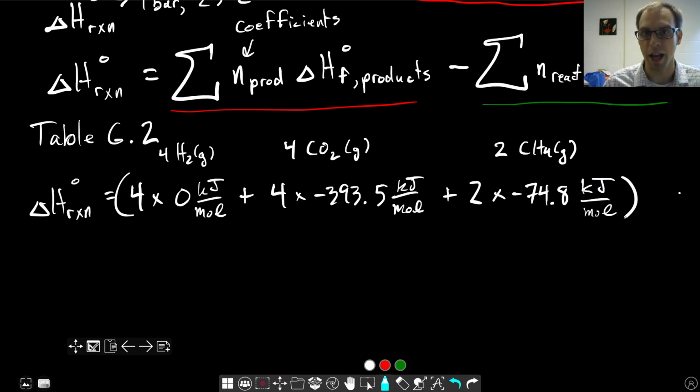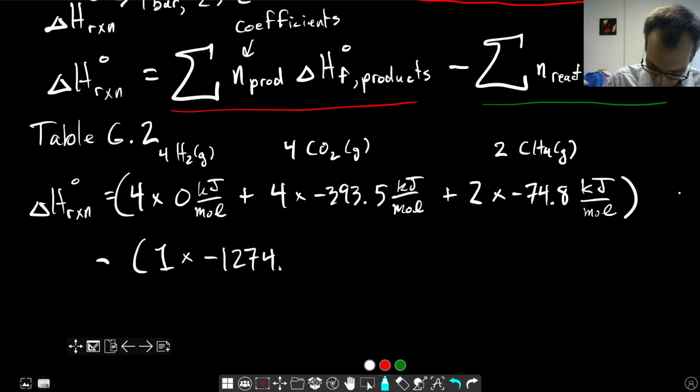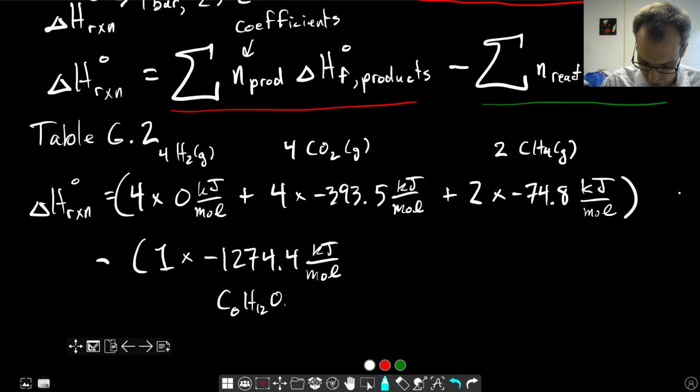Okay, so we take all those, add them together, and then we're going to subtract our reactants, which is 1 times negative 1,274.4 kilojoules per mole. All these values are coming from the table, and this is our C6H12O6 solid.